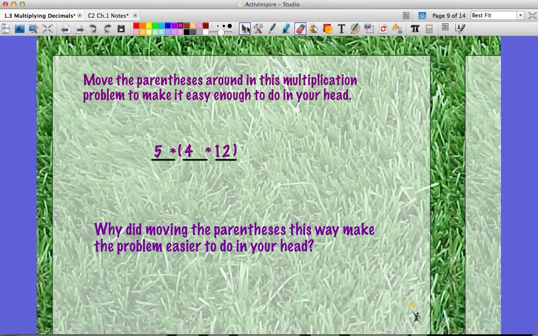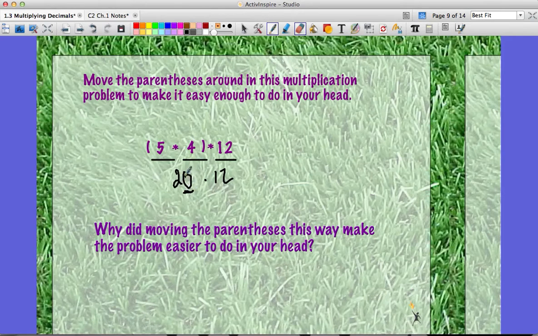So in order to quickly get it done, I can take the parentheses and I can move them to put the 5 times 4 in parentheses, so I have to do that first. So I know that 5 times 4 is 20, and then I have to multiply that by 12. I can easily do this because this 0 makes multiplying way less complicated for us.